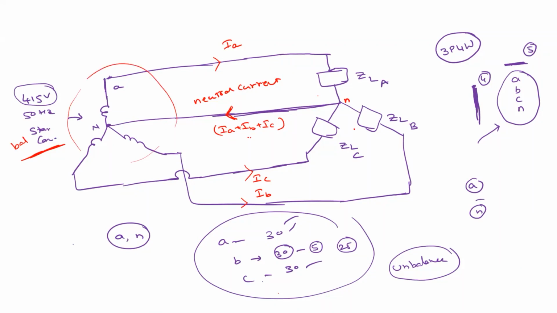If the source itself is unbalanced, even though the load is balanced or unbalanced, this neutral current will exist. So the neutral current will exist when the source is unbalanced or the load is unbalanced. In most cases, the source will be more or less balanced, but the load will be unbalanced.